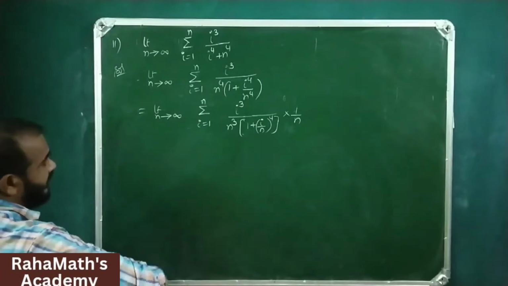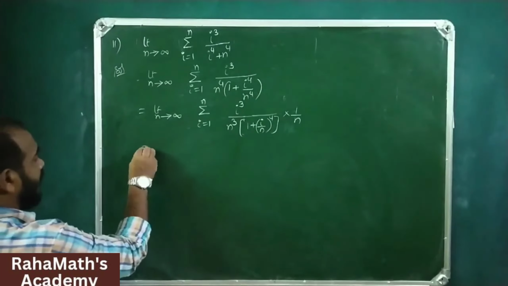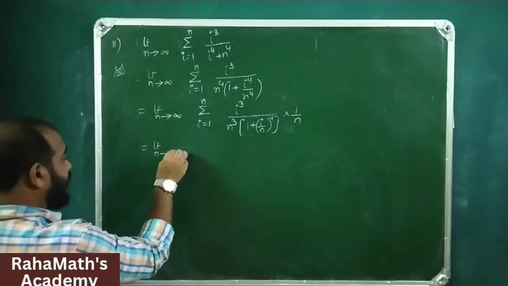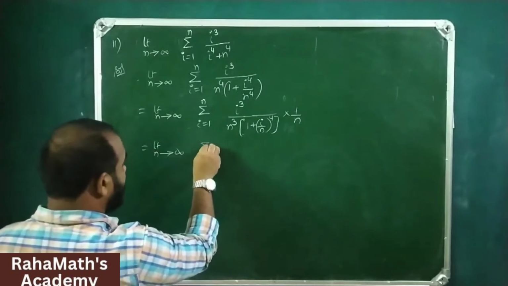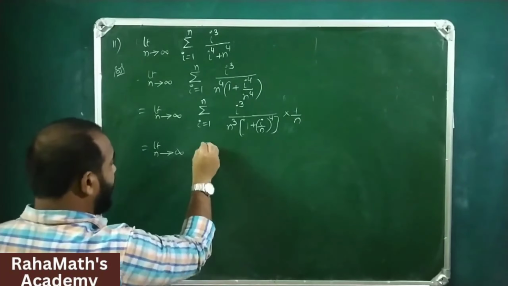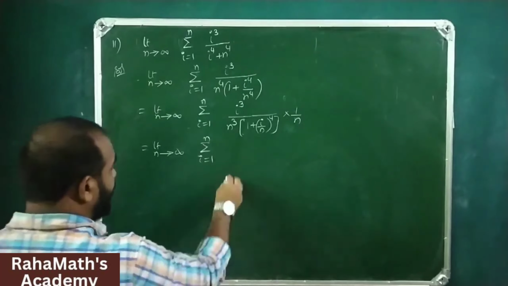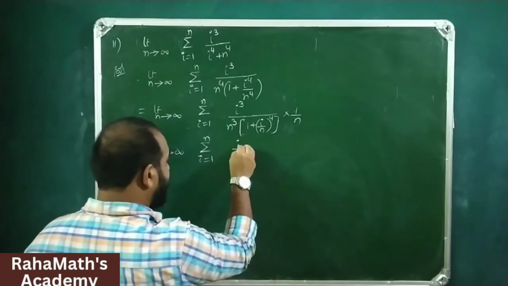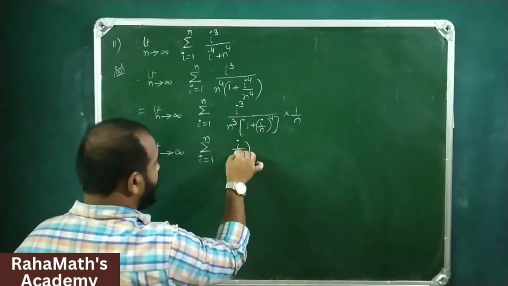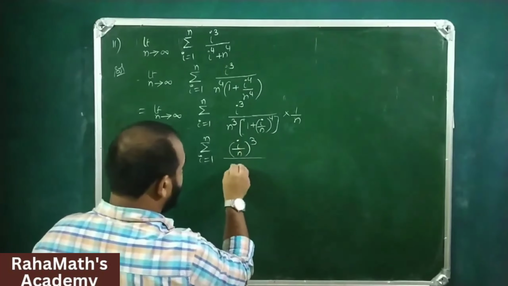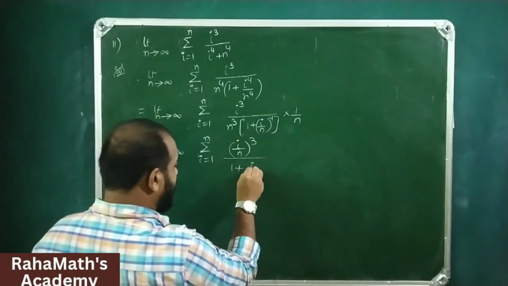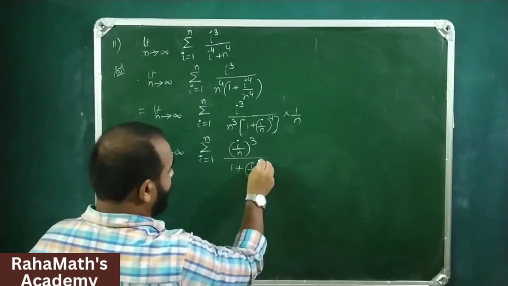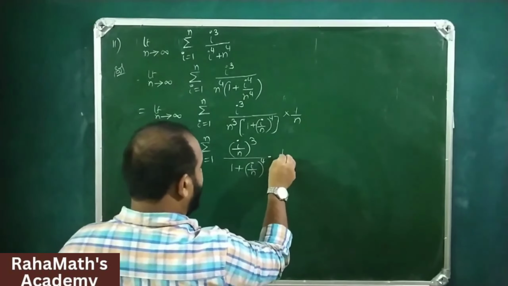Now the limit as n tends to infinity, sigma i runs from 1 to n, i by n whole cube by 1 plus i by n whole power 4 into 1 by n.